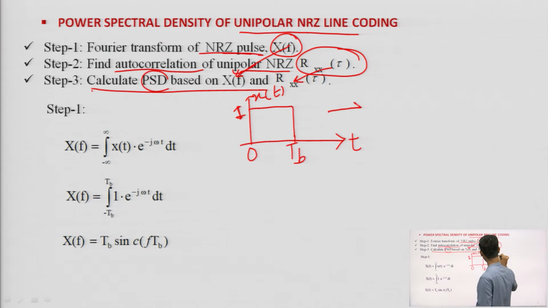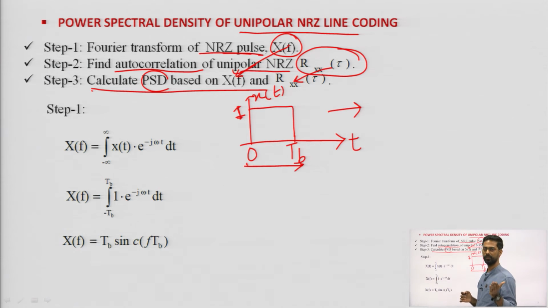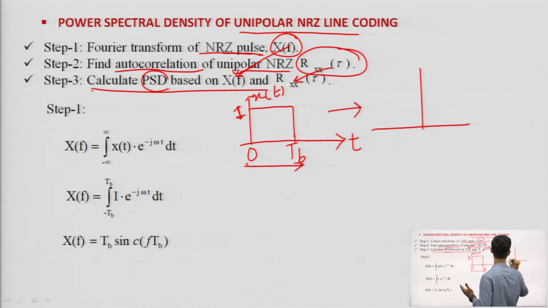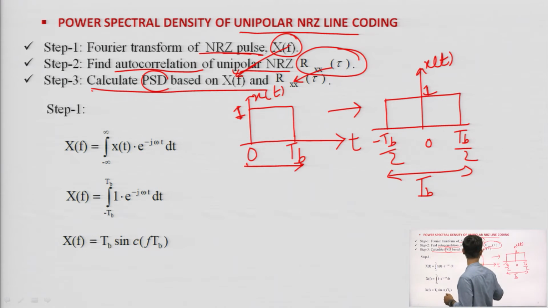If I normalize, or I consider the negative time duration also, I can redraw it like this: minus TB by 2, 0, TB by 2. The whole pulse duration is TB, and the value of x of t is 1. So this is your pulse.